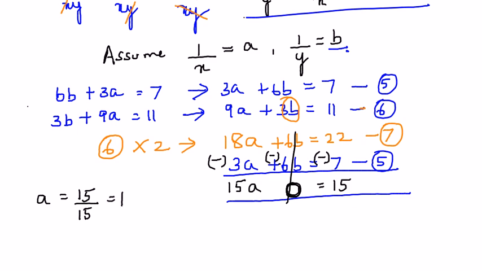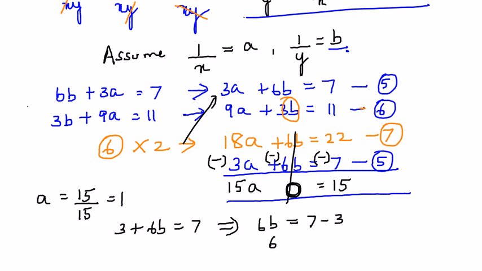So if a is equal to 1, what will be the value of b? Substitute it in the fifth equation here for a. So 3 into a. 3 into 1 is 3. So I'm writing it as 3 plus 6b is equal to 7. Therefore 6b, எப்போமே தெரியாததெல்லாம் ஒரு பக்கம். Keep the unknowns to one side. The plus 3 here goes to the other side as minus 3.